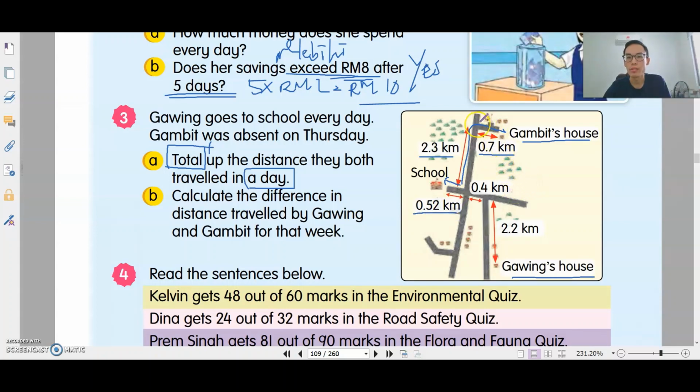So there are 3 roads here. The first one 0.7, the second one 2.3, the third one 0.52. So you take 0.7 plus 2.3 plus 0.52. Okay, so plus should be here.